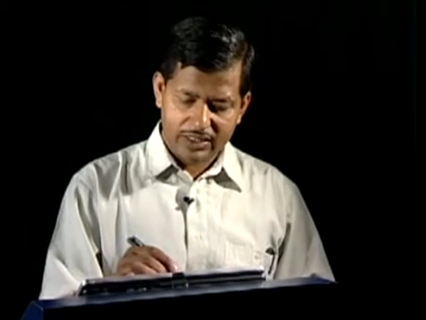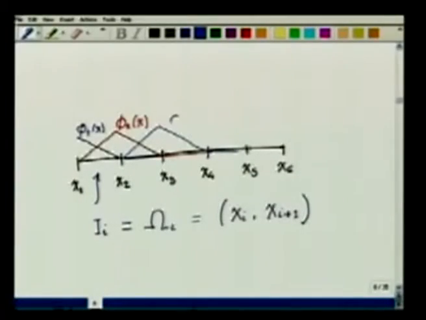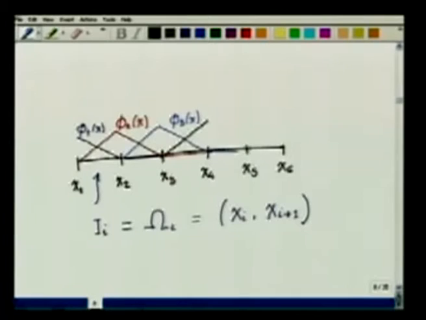Similarly, we'll go back and define phi3. Phi3 will be again a function which is 1 at the point x3 and 0 at all other points. Again we can define phi4, and then we can define phi5, and finally we can define phi6.